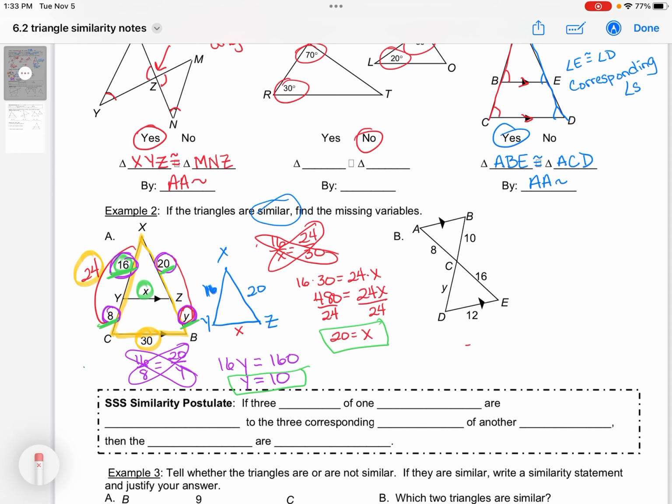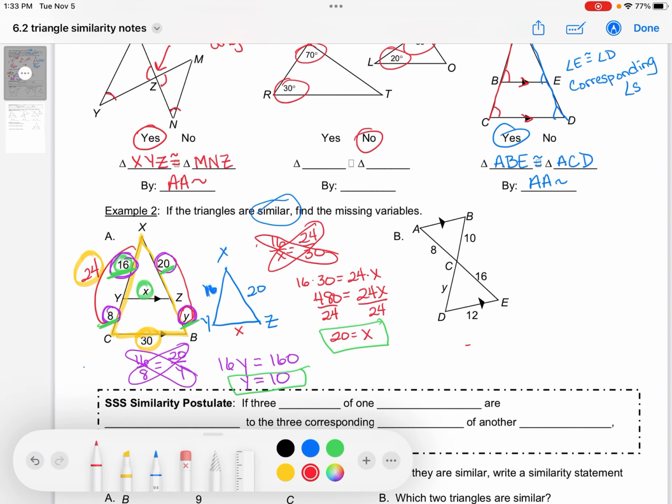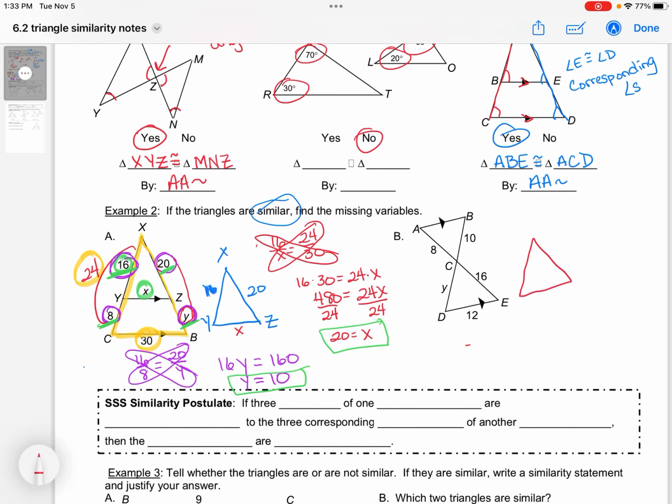Because for some reason, when I rotate my triangle around and I have C, B, A, these are the same. These are the same. So now they're corresponding. So C to B, I probably put this in the wrong place. C to B is 10 and C to A is 8.